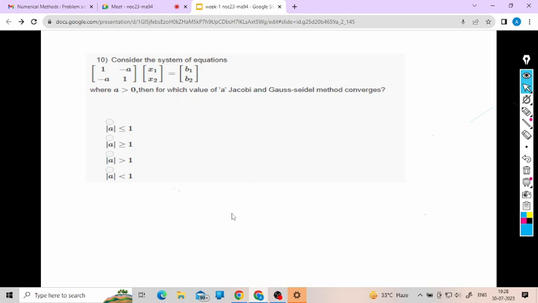For being diagonally dominant, the modulus of a, as the diagonal term is 1, should be less than 1. Whenever there is a convergence criteria, you have to check how you can make the matrix strictly diagonally dominant.